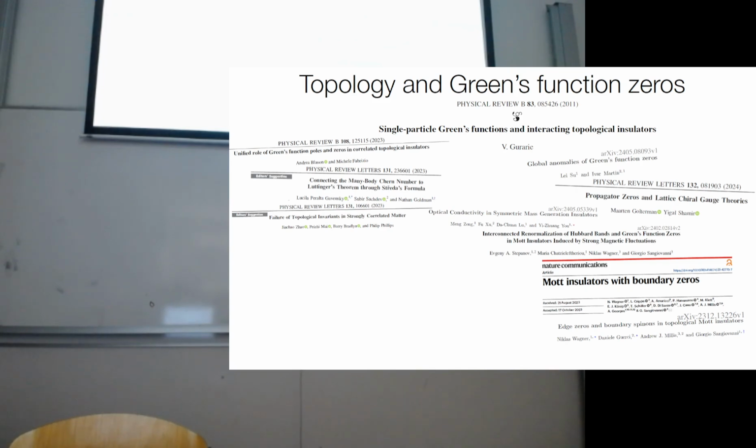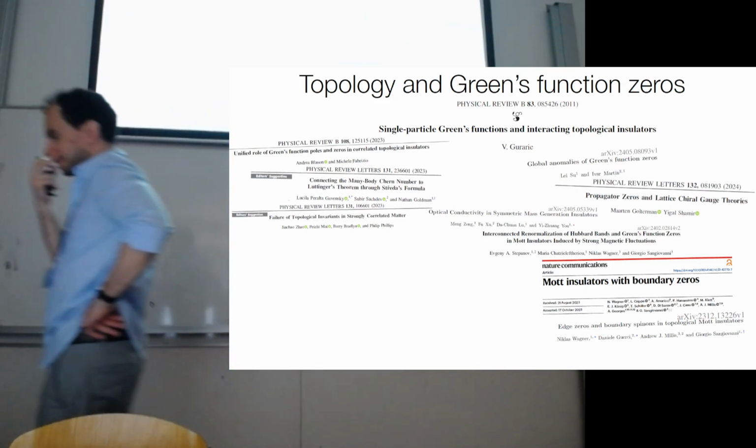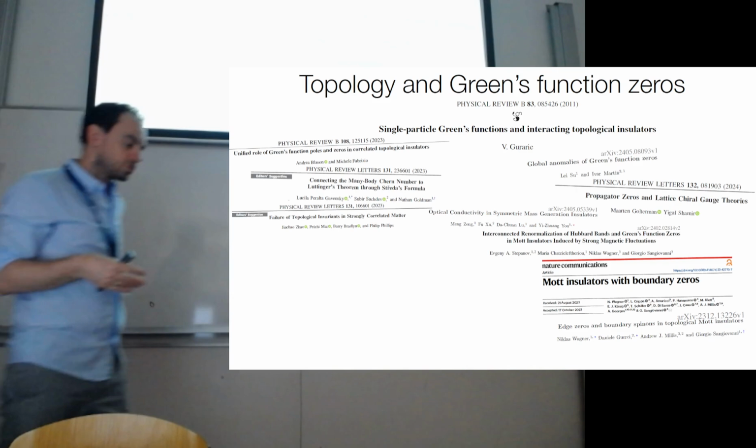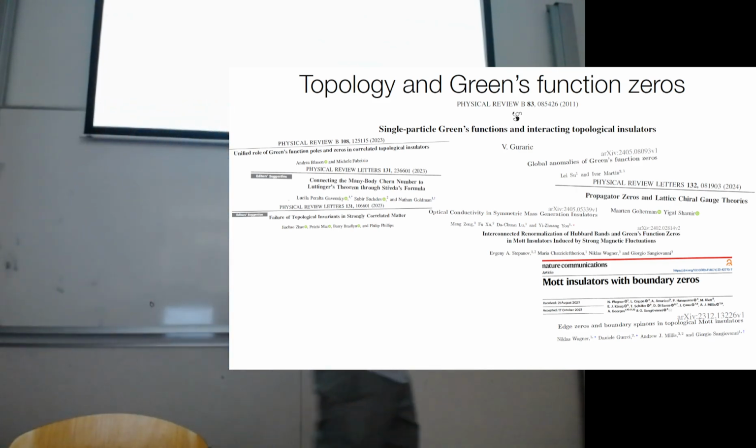On the left, you see more solid state-oriented questions of the same type. These anomalous diagrams are oftentimes related to topological response functions. We will get, for example, to the Hall conductance.